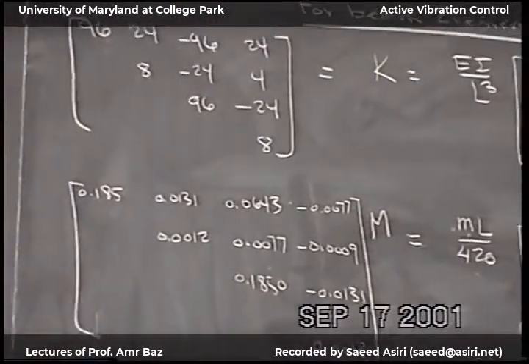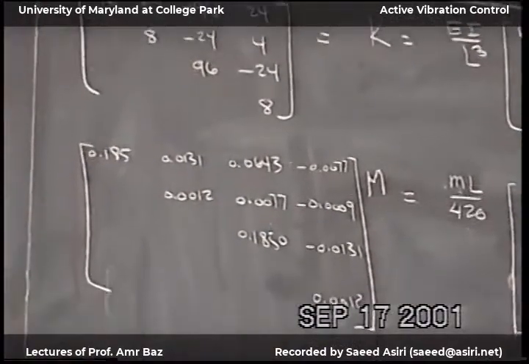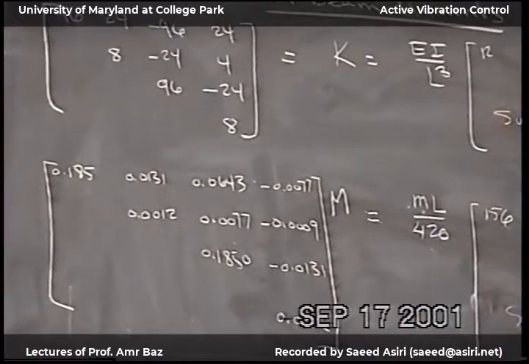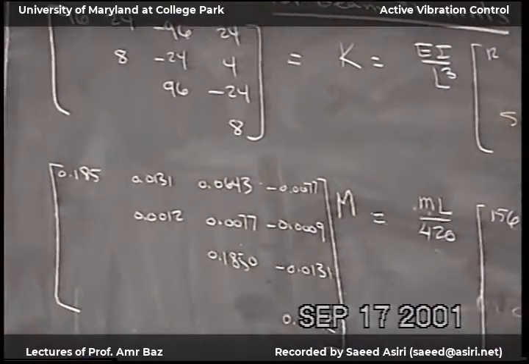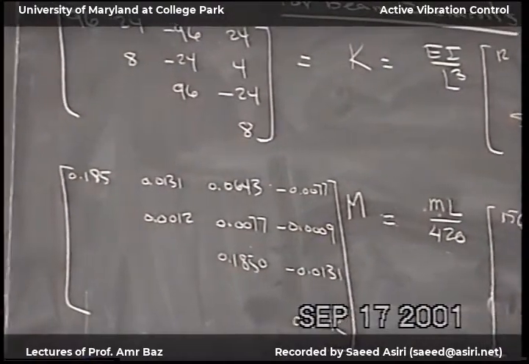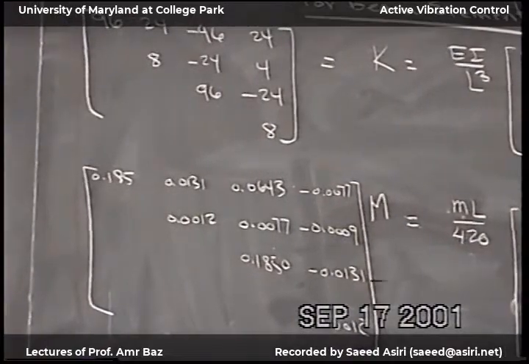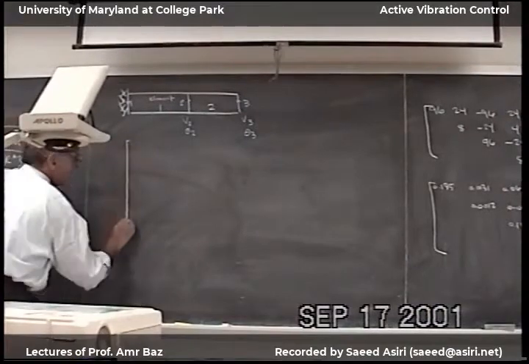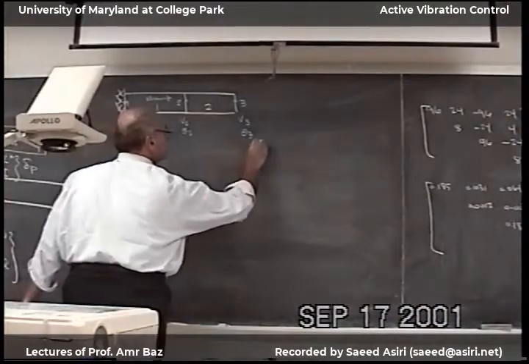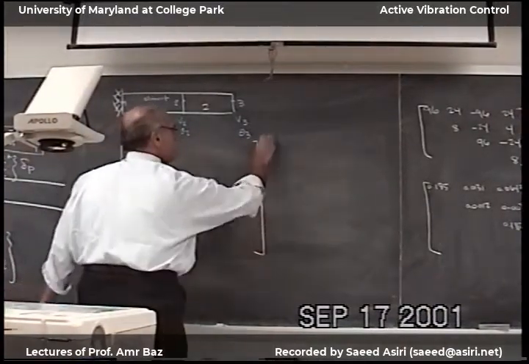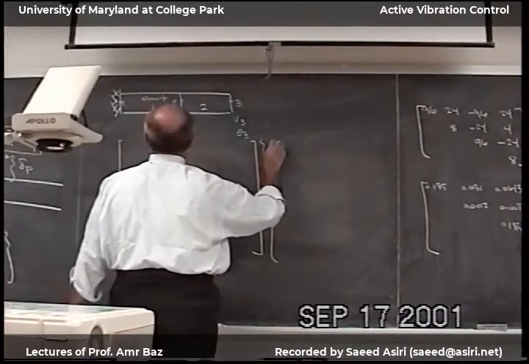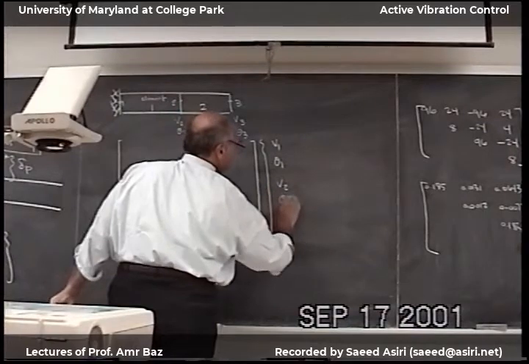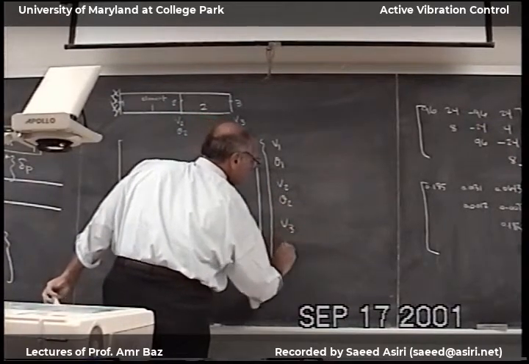Now I'm going to describe the dynamics of the system, the static of the system, if you want to do the condensation. I'm sorry, I'm going to write both of them, the static and the dynamic. Let's look at the stiffness matrix, for example. I have here V1, theta 1, V2, theta 2, V3, theta 3.